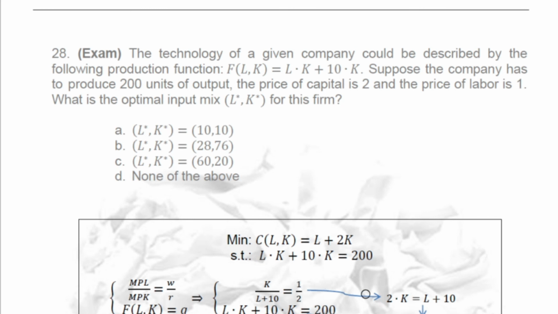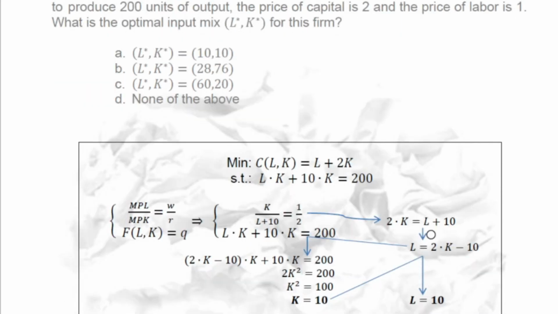Now, for example, I isolate L plus 10 here. L plus 10 is equal to 2k. Then L is equal to 2k minus 10. I carry it to the constraint, and then 2k minus 10, that is L, times k plus 10k equal to 200. Then 2k squared minus 10k plus 10k, it cancels.